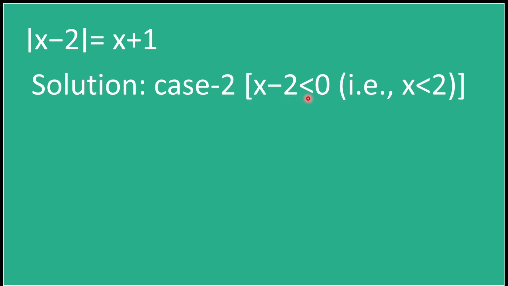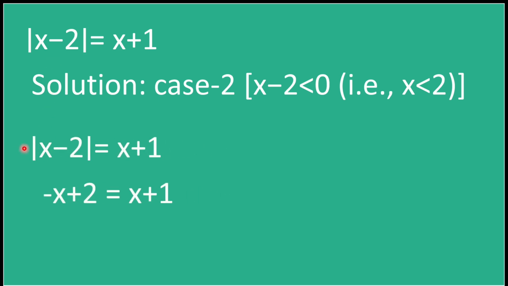So x minus 2 is less than 0, or you can say x is less than 2. In this case, we will take this value x minus 2 as negative. So it means that when we multiply with minus, this will become minus x and this will become plus 2, which is equal to x plus 1.